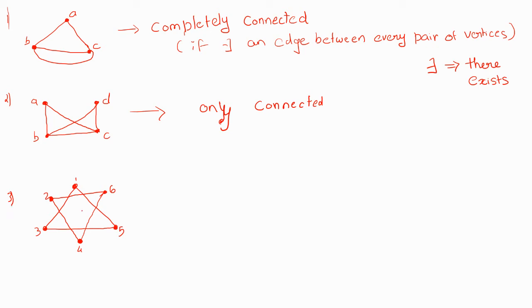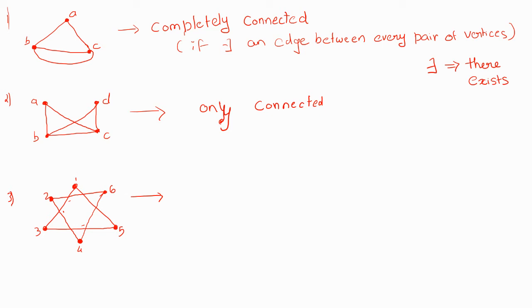Now this next graph, graph 3. About this graph, let us not get confused between these crossings. These are not connections.